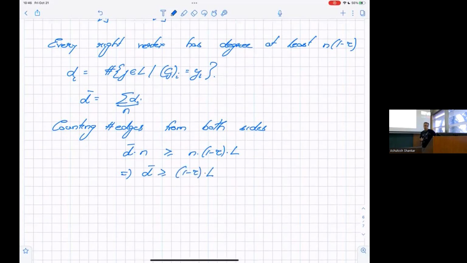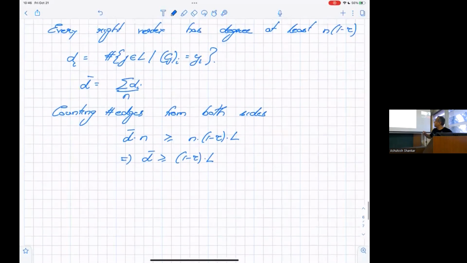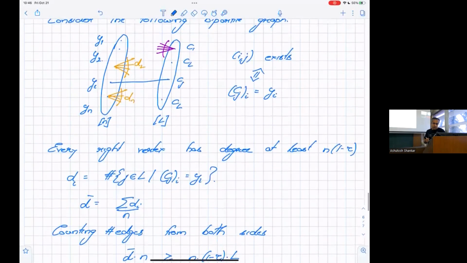Now, what we want to do is understand the condition that two codewords are not going to have too much agreement among themselves.